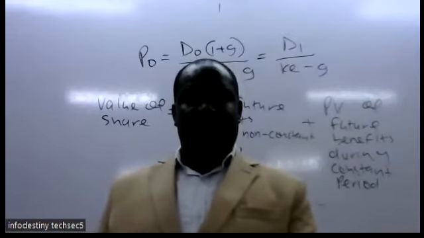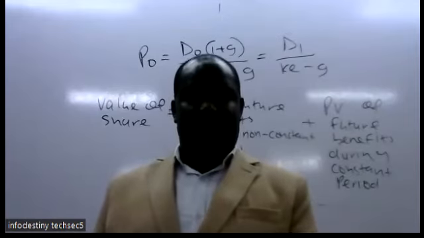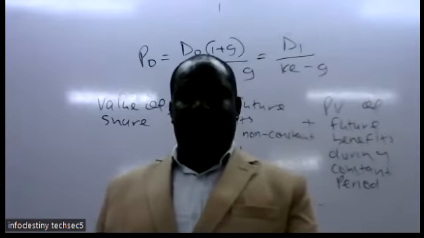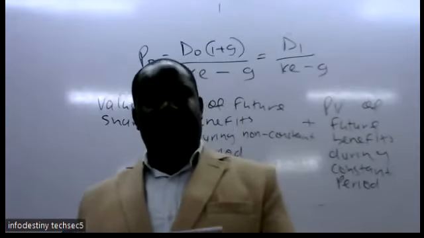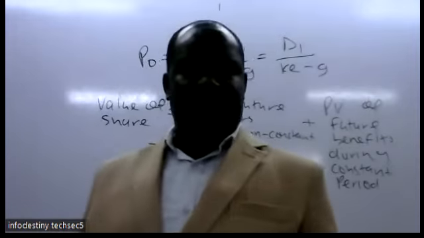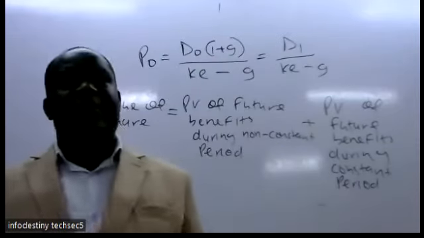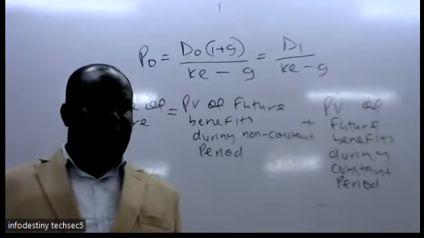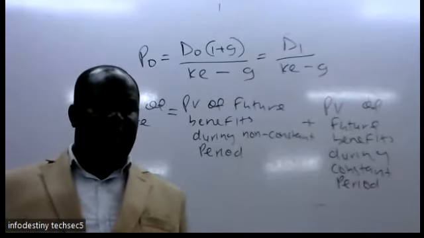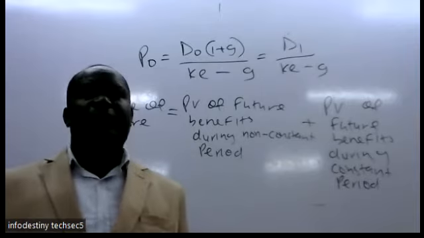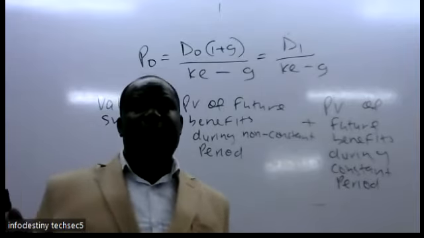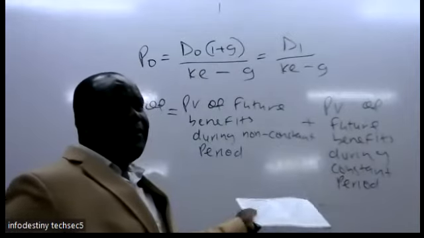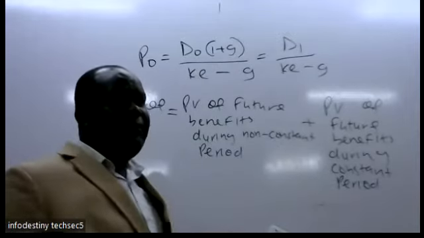So the concept is in note number 1, where they have said that the stock market analysts expect that the earnings and the dividend to grow at a rate of 25% per annum for the next 3 years. Then thereafter, the annual growth rate will revert to the company's growth rate and remain constant each year to perpetuity. So the first 3 years, that is during the non-constant period, because it is increasing at 25%.